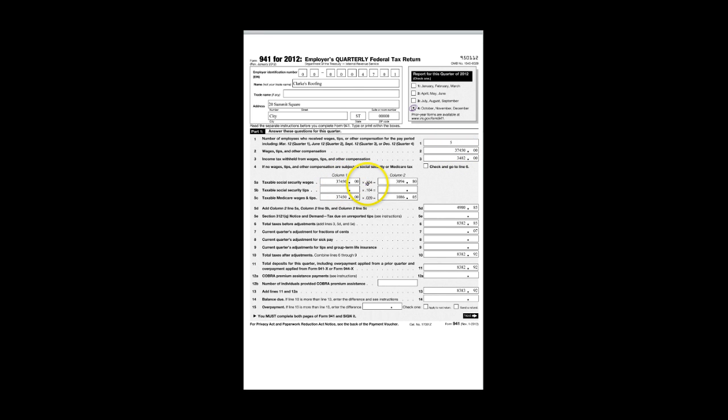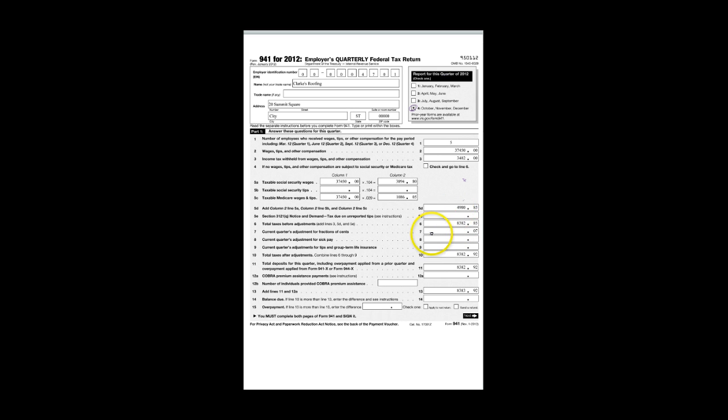They're all subject to Social Security tax, so you multiply that out, and they're subject to Medicare. So multiply that out. Add these, line 5A and 5C, you get 5D. So here's your federal income, here's what was withheld, add those together. This is your total taxes.